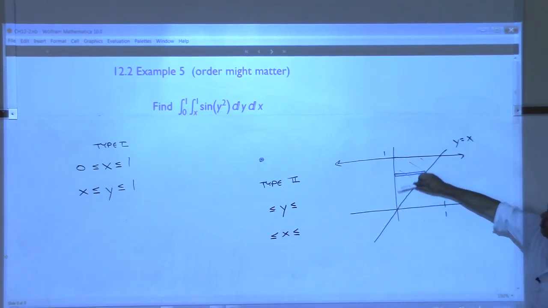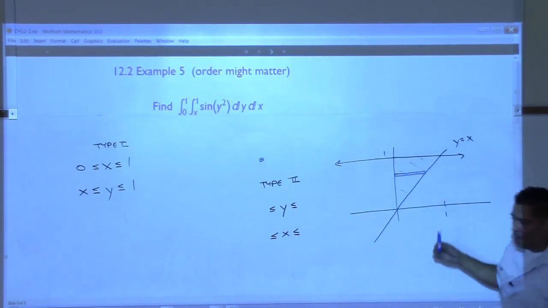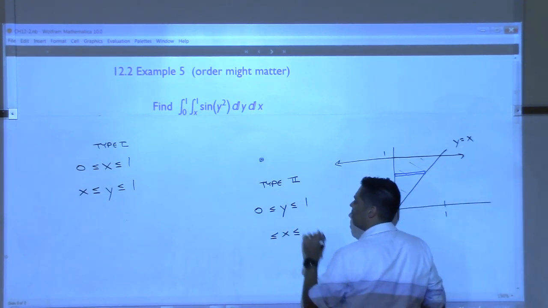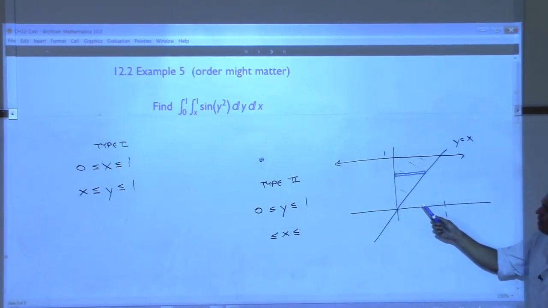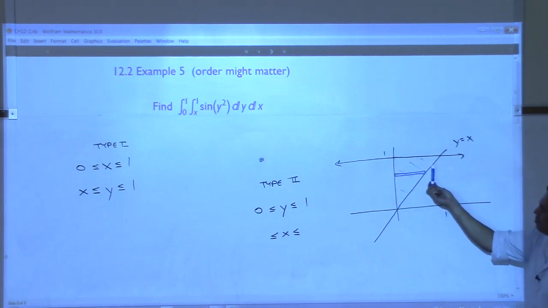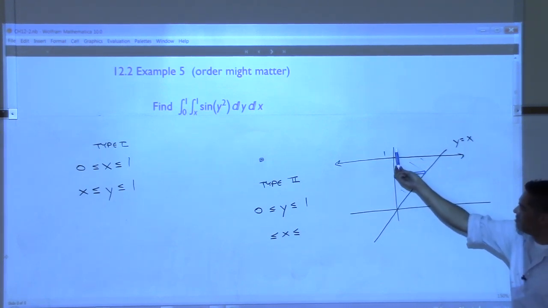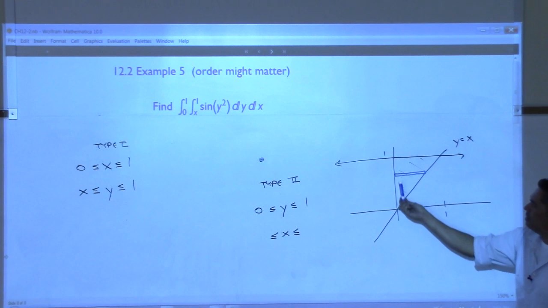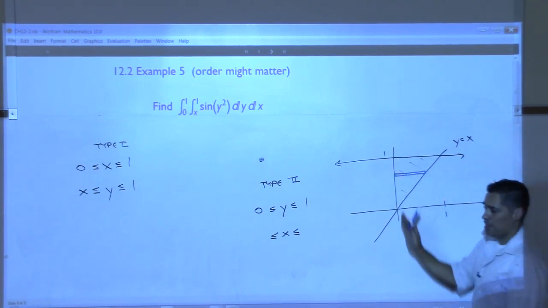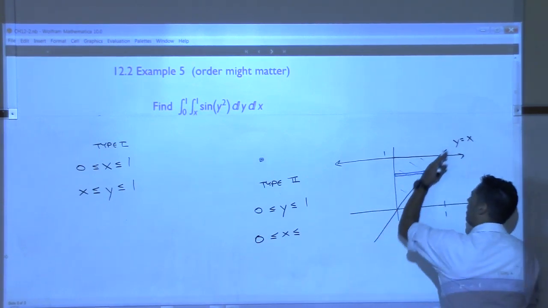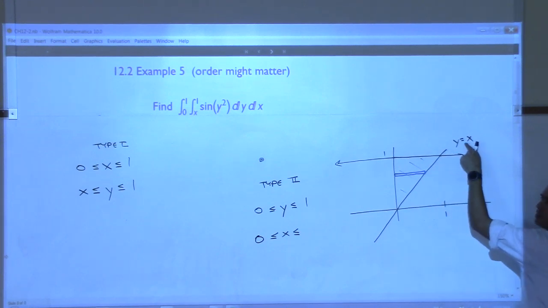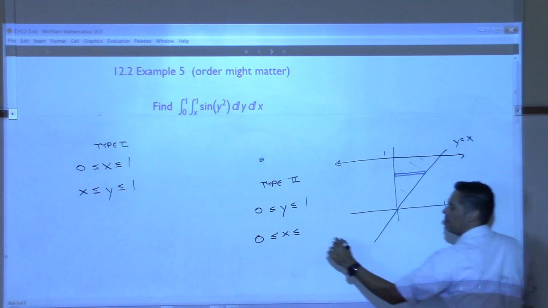So my y is between what here? 0 and 1. Okay, so that didn't change. But what about my x is between these two functions of y. So what is this bottom or left piece? That's x equals 0, so that's 0. And then this right here is this solved for x. So x equals y, right?